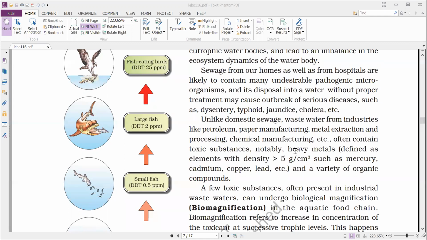If they are not properly treated, they may cause outbreaks of serious diseases such as dysentery, typhoid, jaundice, cholera, etc. You can observe this very clearly during the rainy season, because the water will flow into the nearby water bodies from different places.